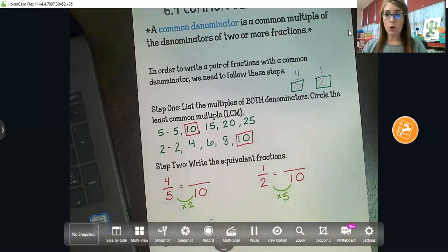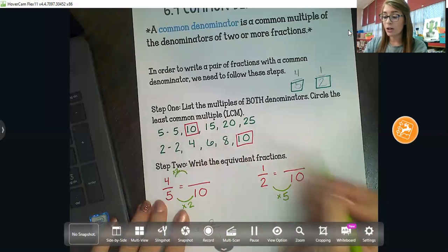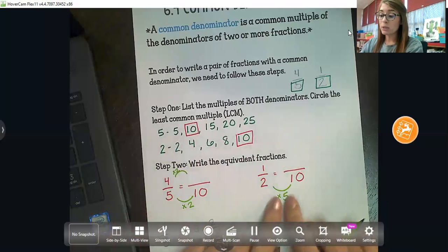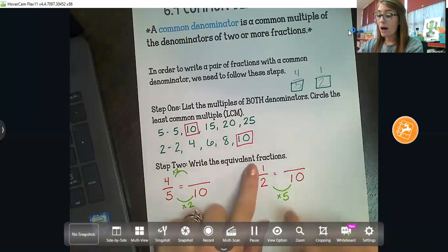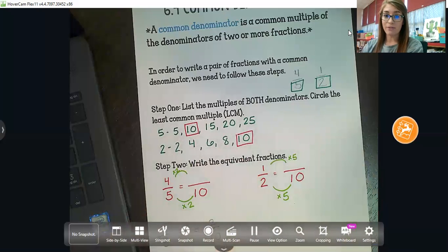And what is our rule when we make equivalent fractions? Yes, whatever we do to the bottom, we must also do to the top. So if I'm multiplying my denominator by 2, I also have to multiply my numerator by 2. Or if I'm multiplying my denominator by 5, I must also multiply my numerator by 5.